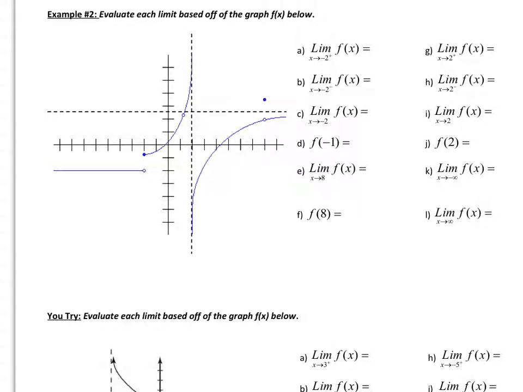So let's take a look at it. Let's find x equals 8. Okay, so it's here. So as x approaches 8 from the left, it looks like the limit is 2. And as x approaches 8 from the right, it looks like the limit is also 2. So the limit does exist, and the limit is 2.